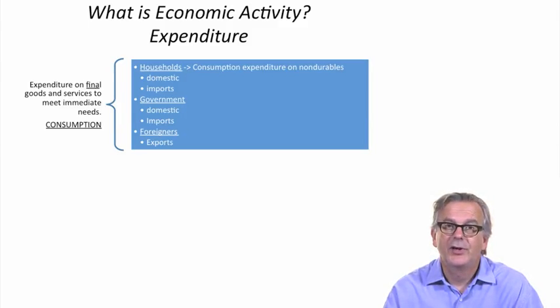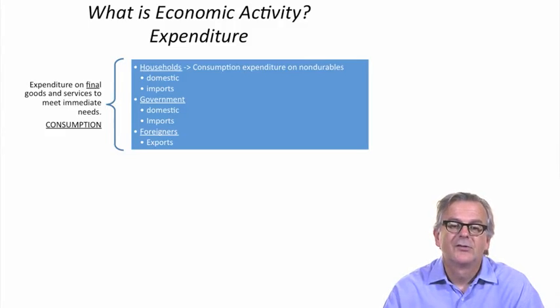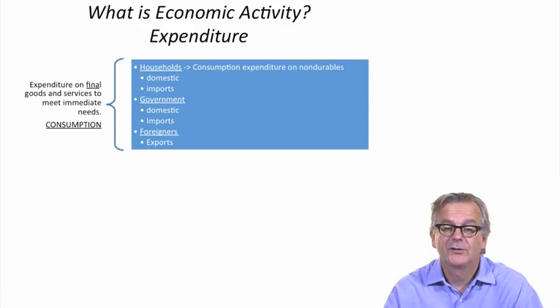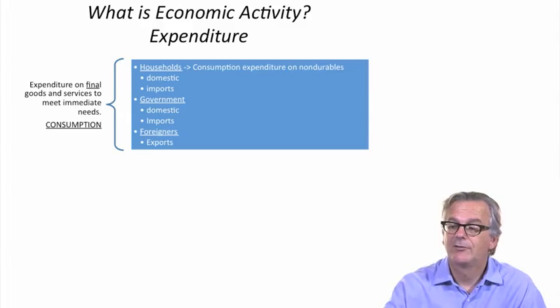And there's a third important sector, the foreign sector, because foreigners are also purchasing. They're also undertaking expenditure, and what they are doing is purchasing a country's exports. So we have three sectors in the economy that engage in consumption expenditure, that are engaging in the purchase of goods and services to meet immediate needs: household, government and foreign sectors.